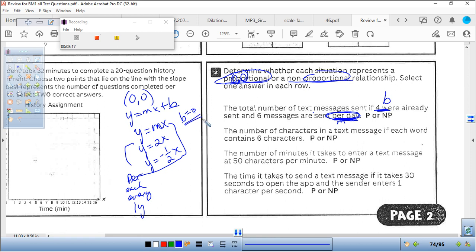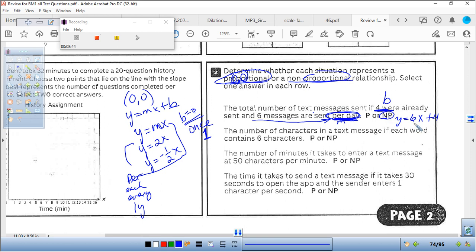Anything with a b is 1 time, happens once. Okay? Exactly 1 time. So in this situation, this already happened once, that's your b. This one happens over and over, that's your m. So for this one, you can have y is equal to 6x plus 4. So on that note, this one is non-proportional.